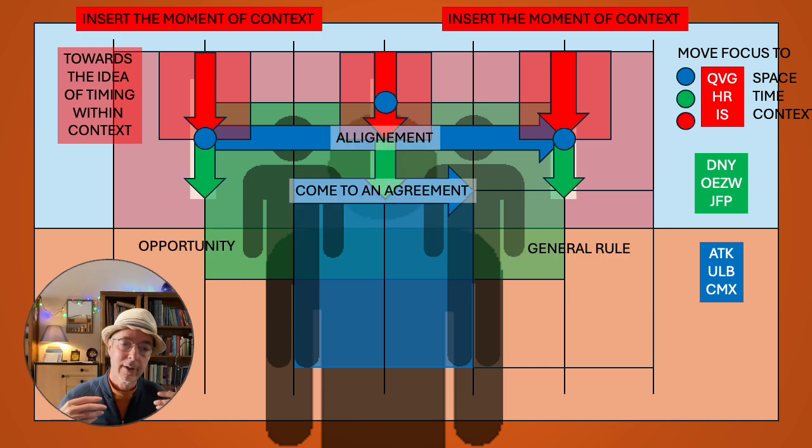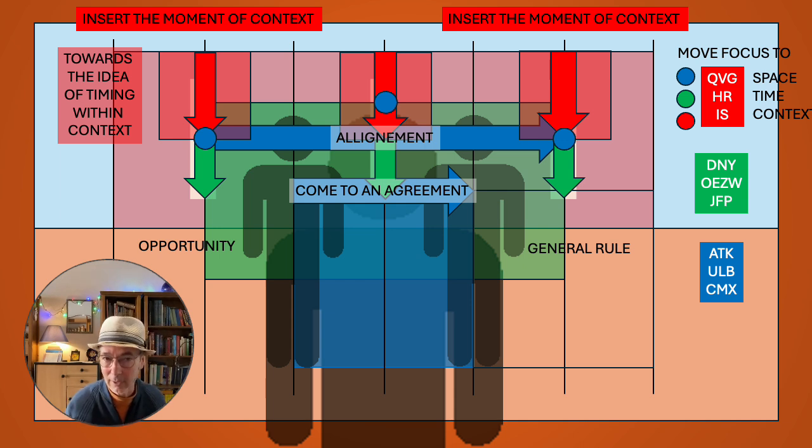But we can't do that very easily because you have this alignment: conceptually and in the context it is all correct, but we still have to come to an agreement that yes, indeed, you have to make this insight. So you first have an idea, but you still have to come to the insight that it is indeed something general, it works for both of us, and then we come to an agreement.